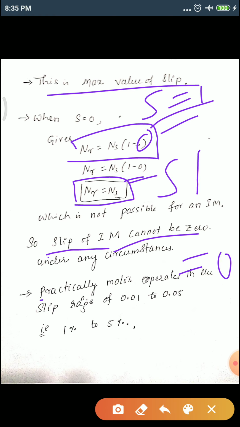Practically the motor operates in the slip range of 0.01 to 0.05, that is 1% to 5%. Around this, our induction motor is going to work. The slip corresponding to the full load speed of the motor is called the full load slip.